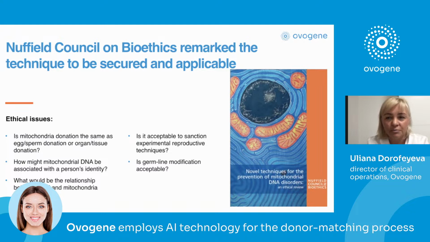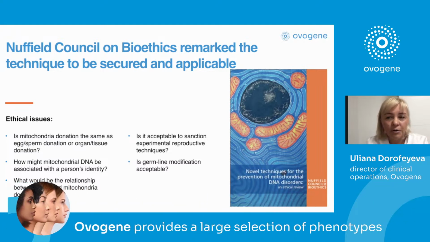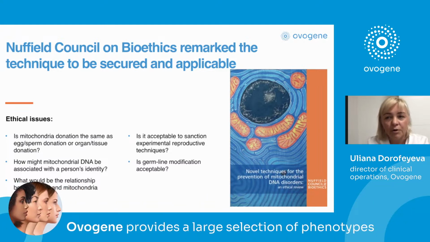Some ethical issues still arise in terms of how the donors should be selected. Should the donor be anonymous, non-anonymous, or known? What are the modifications and the relationships between the donor and the patient, etc.? From our practical experience, we keep a database of all the donors who were donors for the mitochondrial treatment for our patients.